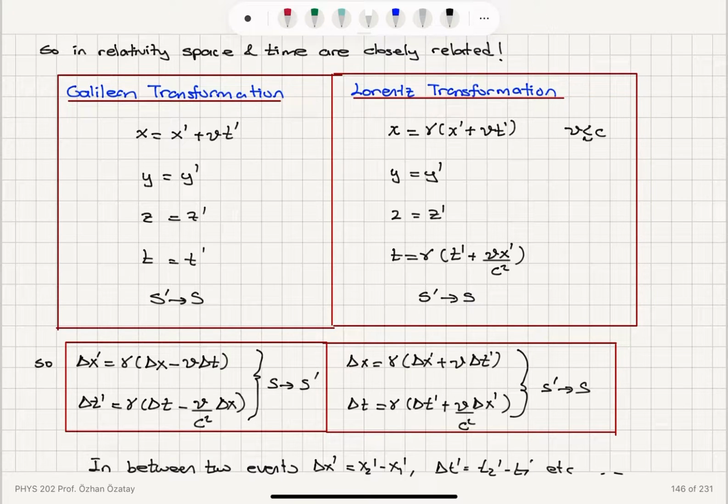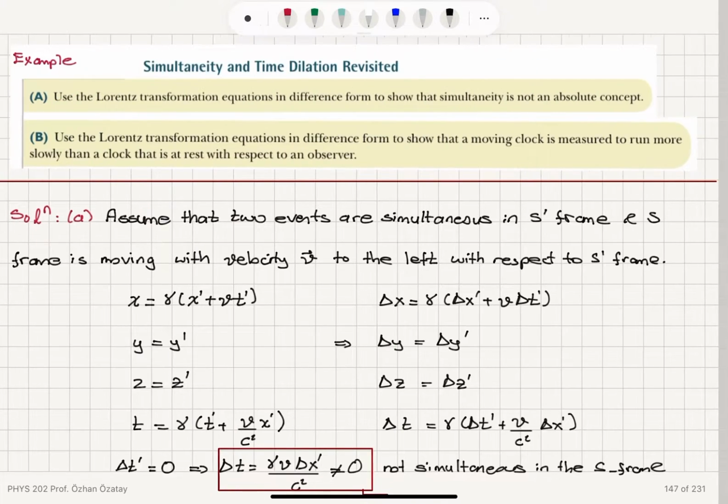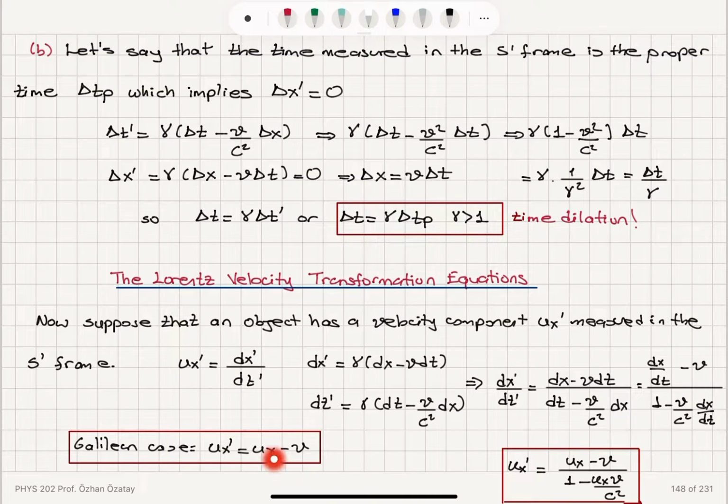So if we have t equals t prime, dx prime over dt prime would become ux minus v. So that's the Galilean version, ux minus v. When v is much less than c, we obtain 1 in the denominator because this term will be negligible. So the Galilean transformation will be recovered.